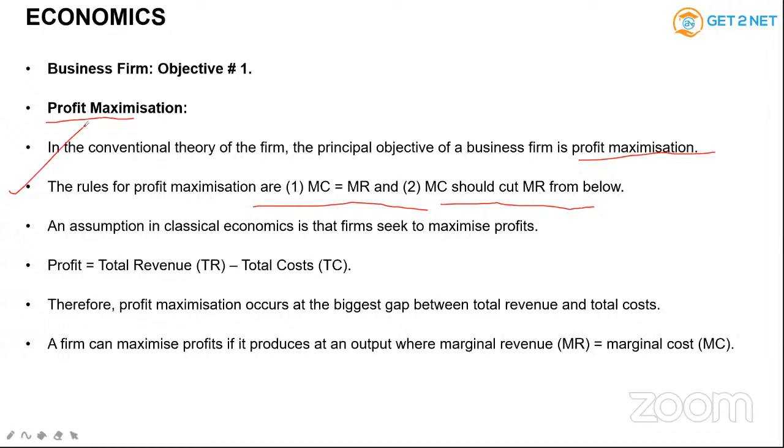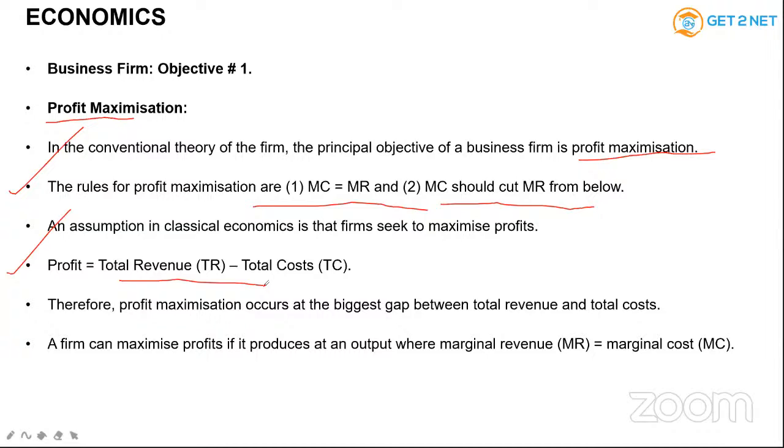Whenever we calculate profit, profit is equal to total revenue minus total cost. So the first objective is profit maximization. Theoretically, without profit the business cannot exist. It is very difficult to sustain in the long run of the business.